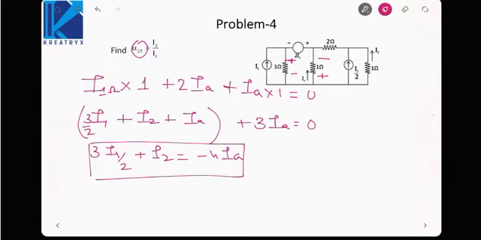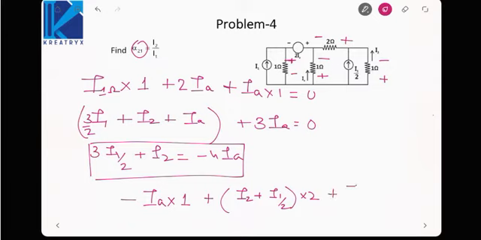Now apply KVL in this loop, the second loop, like this. So plus 2 minus is minus IA into 1. Then minus 2 plus: what is the current in the 2 ohm resistor? It is I2 plus I1 by 2. What is the voltage in 1 ohm?